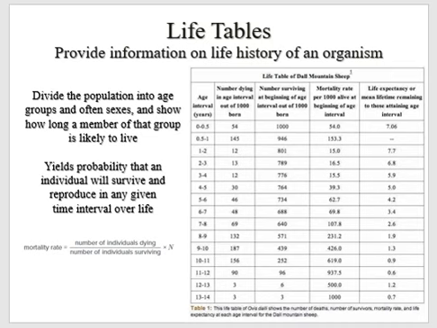Another tool that I mentioned are life tables. Life tables provide important information about the life history of an organism and summarize the probability that an individual will survive and reproduce at any given time interval over the course of its lifetime.